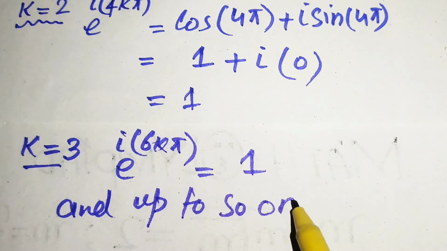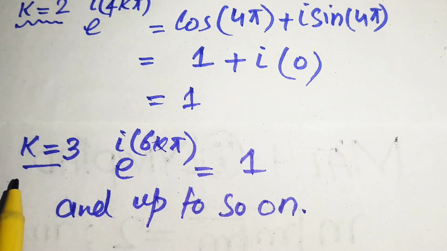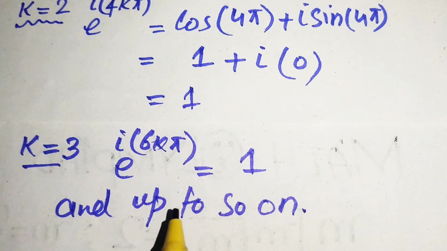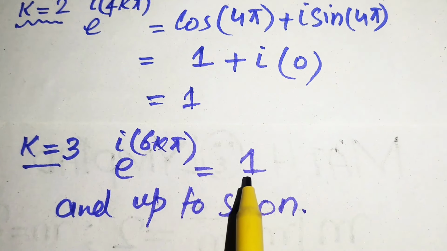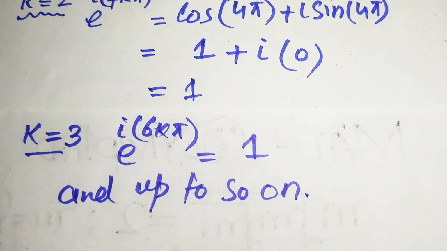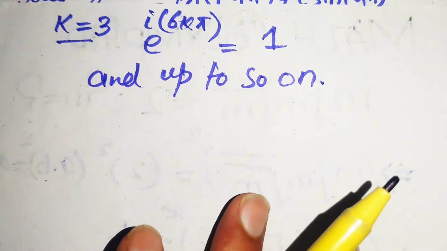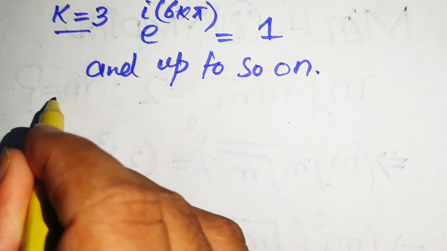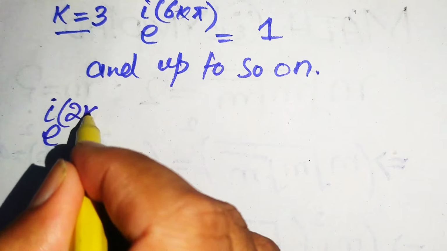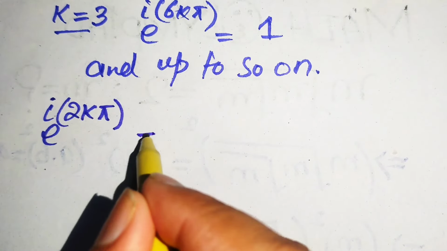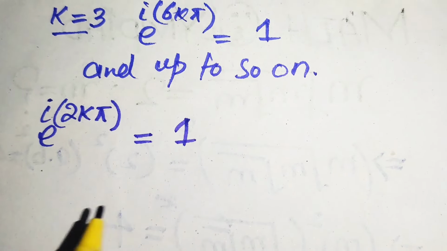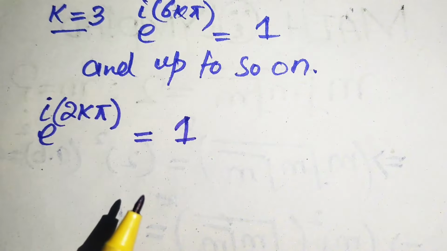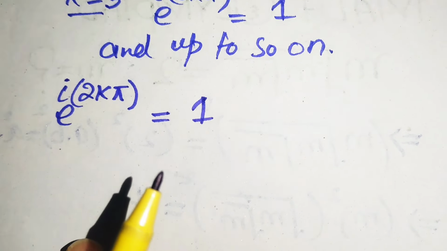So if you substitute any value of k, it also gives us the output 1. Generally, we write this expression as e to the power of iota into 2k pi is equal to 1. So we find the value of e to the power of 2k pi.